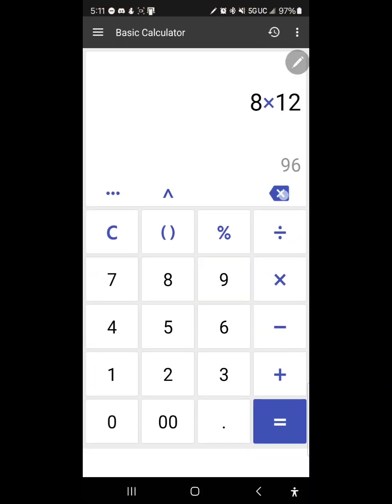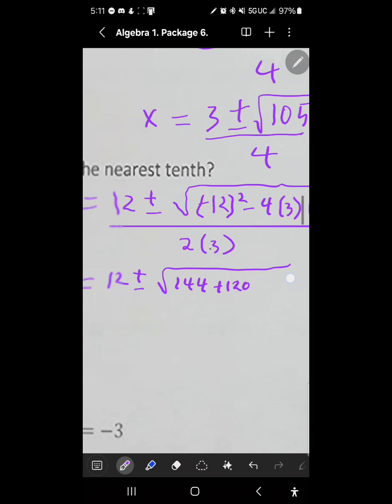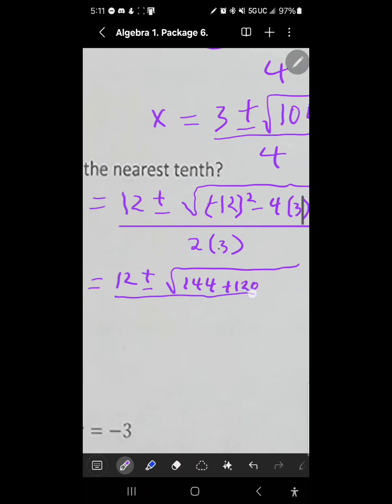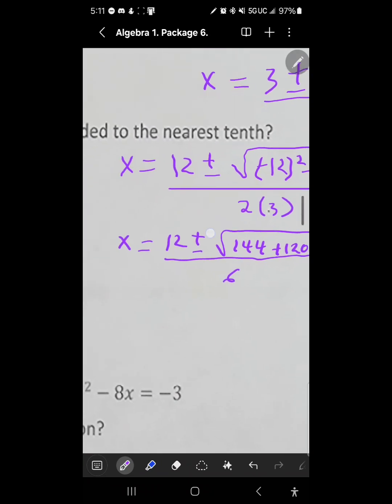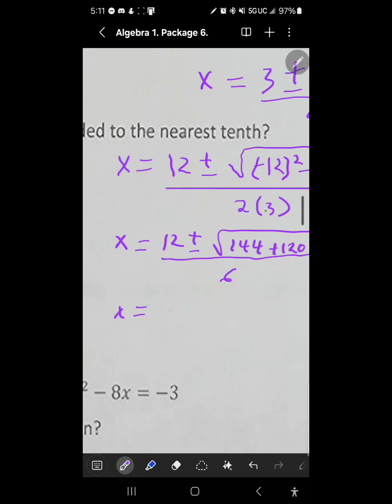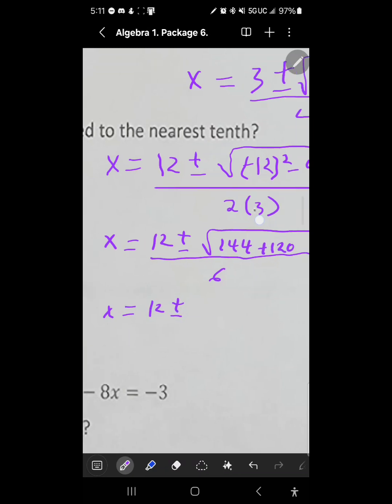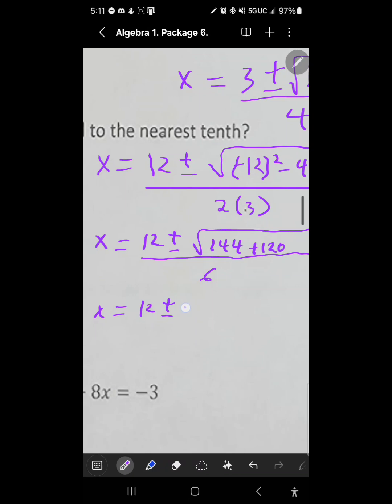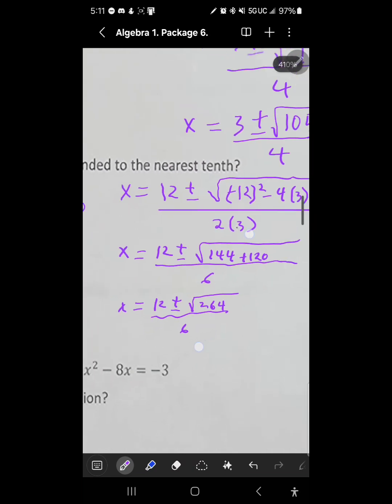And if we do it in our calculator, negative 4 times 3 times negative 10, so positive 120. All that over 2 times 3, which is 6. And we keep simplifying. So we have 12 plus minus the square root of 144 plus 120, which is 264, over 6. And we just solve for this.